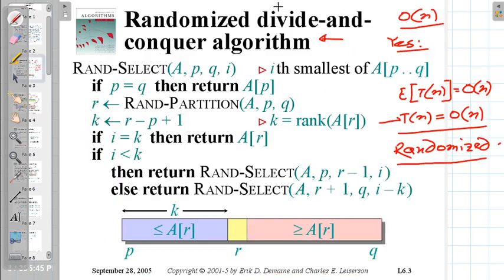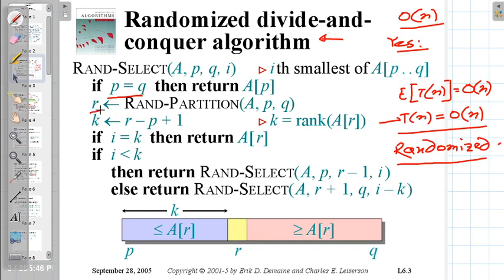Okay, and this is the randomized one. So first, if p equals q, that means one element, we have to return it. Otherwise, we have to do this partition.